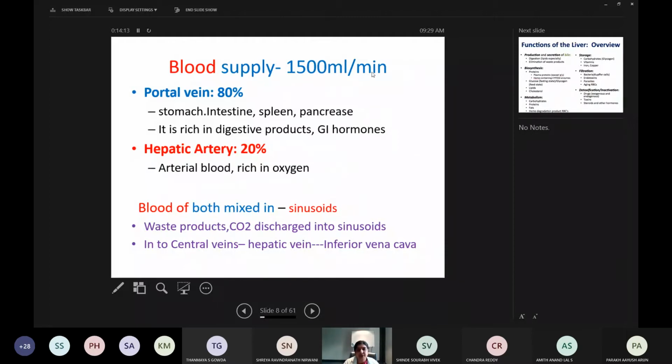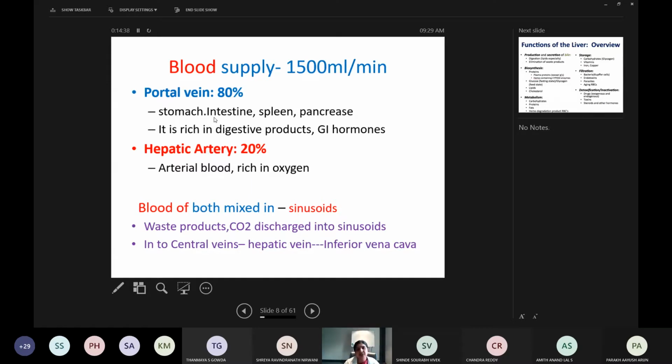So out of this 1500 ml, the portal vein will supply 80% of blood. You see here, the portal vein is the main part which supplies blood to the liver, because it drains the blood from the stomach, intestine, spleen, pancreas, and all these organs, and that is entering into the portal vein.